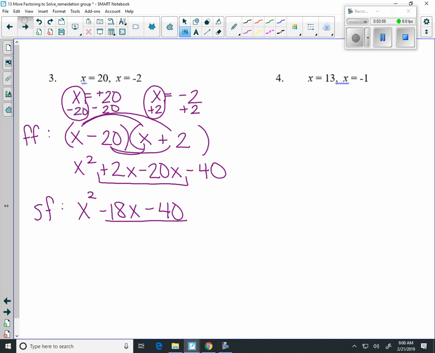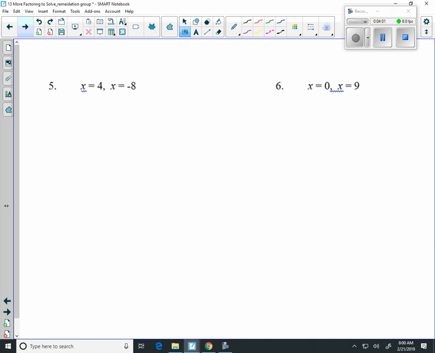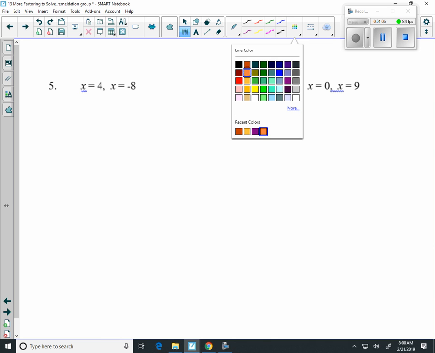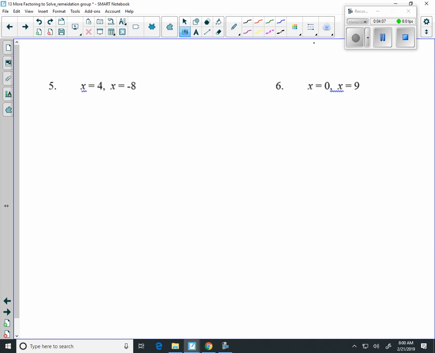On test B and test A, we had some situations with a 0. So I'm going to jump over here to number 6 and deal with that one. Again, factored form, we said usually looks like this. Standard form has that x squared situation. So x equals 0, you can move that over either by adding or subtracting.